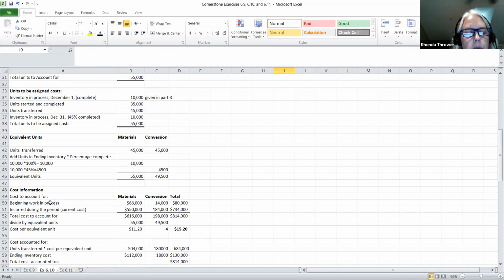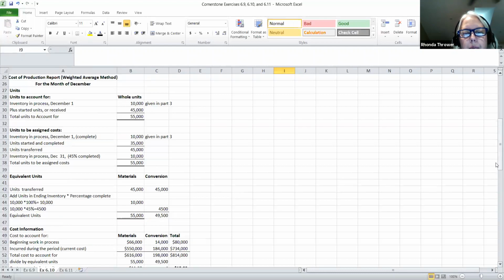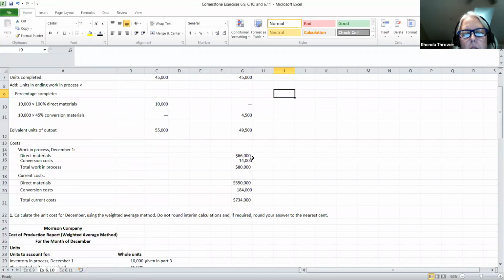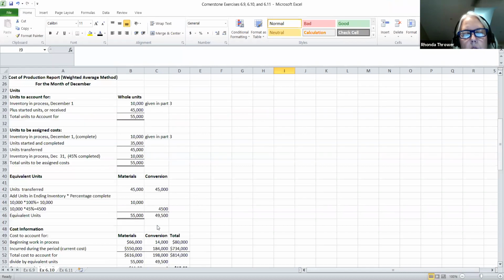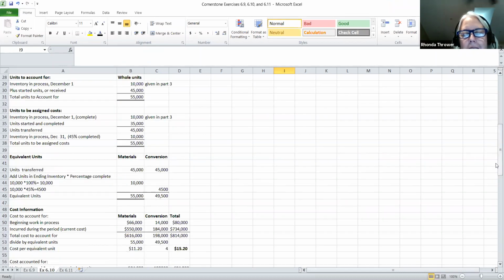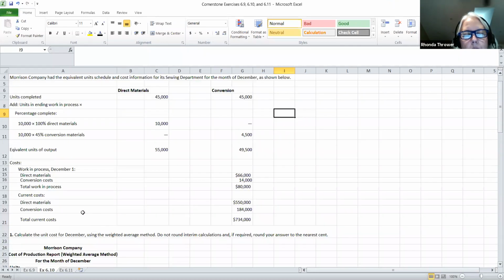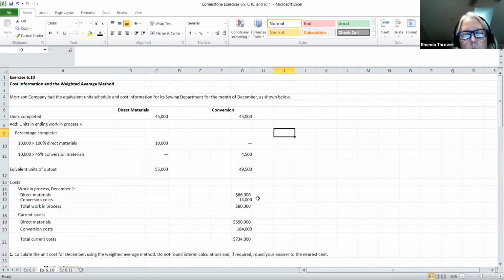Now, the cost information that you were given is the beginning work in process cost. The beginning work in process cost you were given right here at 66,000. You were also given the conversion beginning inventory cost. The conversion costs were 14,000.